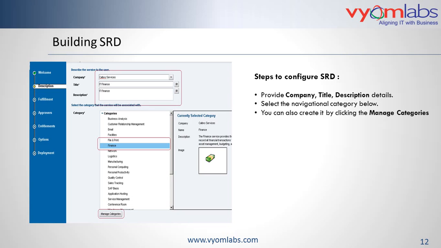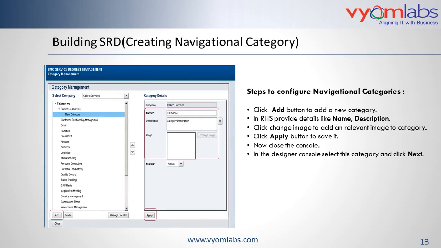Once you click on manage categories, a pop-up form will open up, where we have to add this particular category, and these are the steps. This is how we create the navigational category. We have to click on the add button to add a new category.